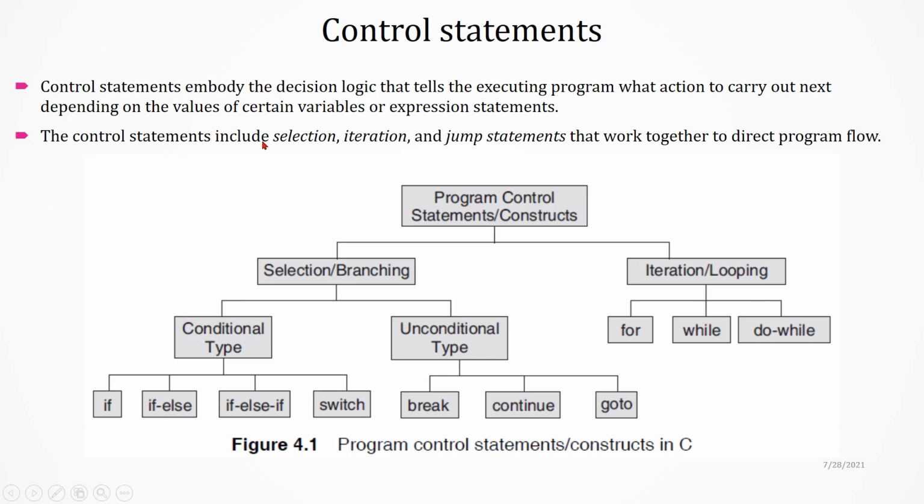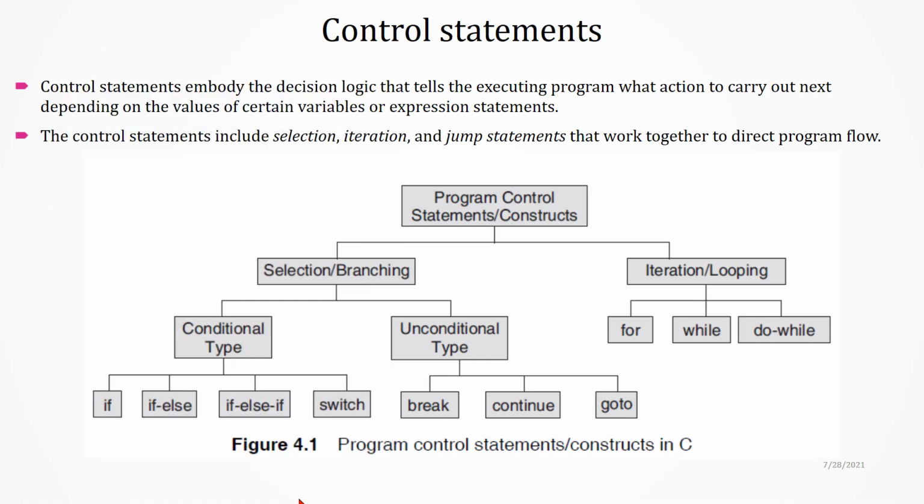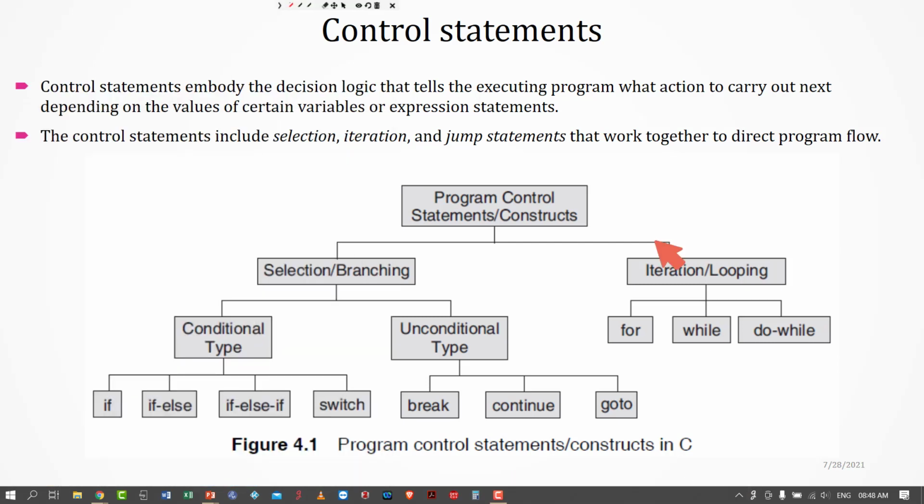The control statements include selection, iteration and jump statements that work together to direct program flow. So the control statements are of 3 types: selection, iteration and jump statement.